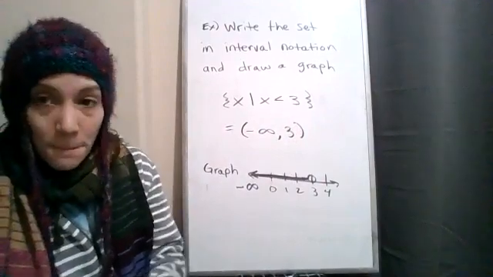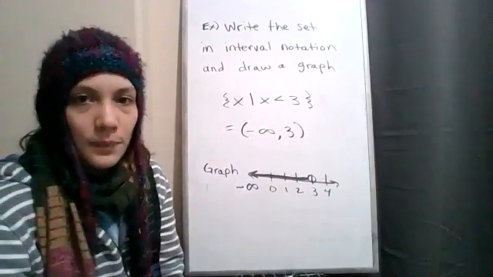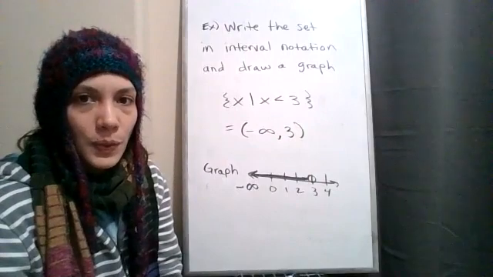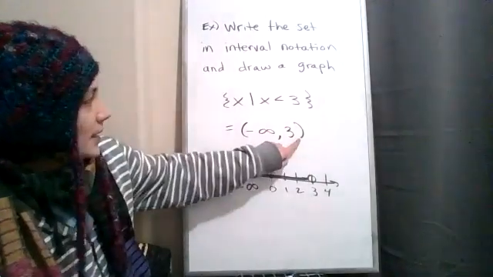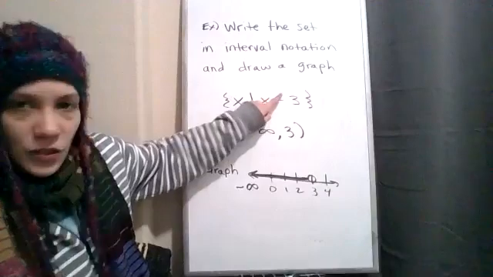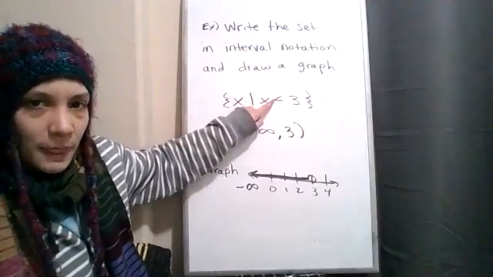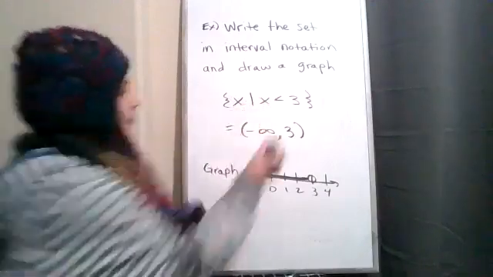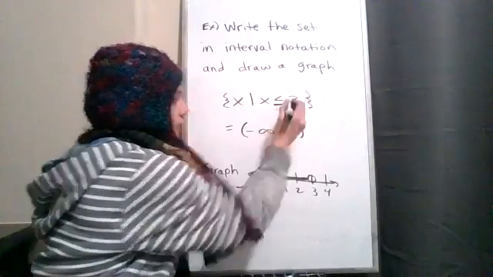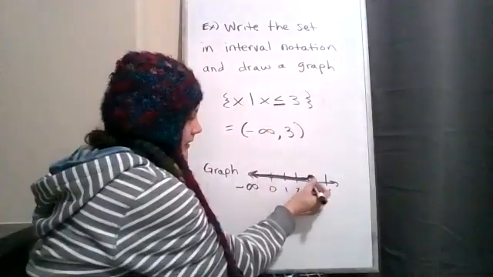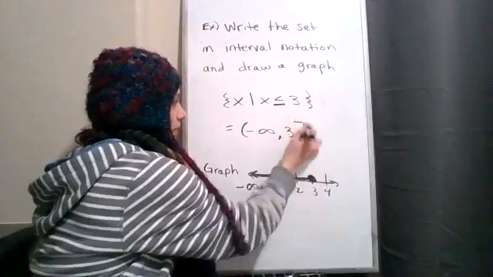Wait, when do you use the brackets and when do you use parentheses again? Yeah, parentheses is when there's just a less than sign. And if I had an equal to right here, then we would fill this in, and this would be square.